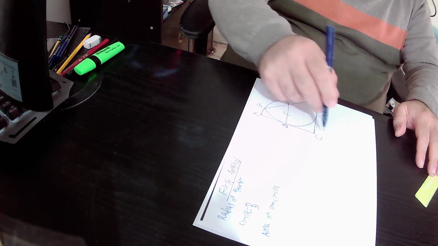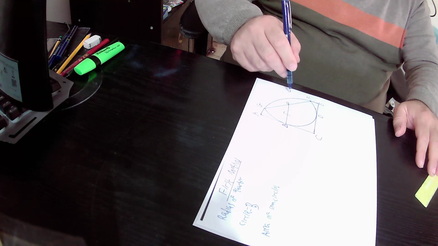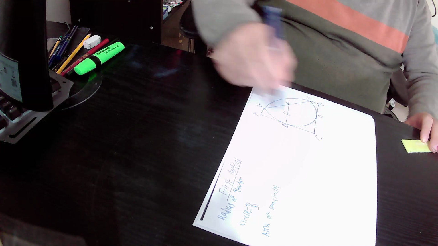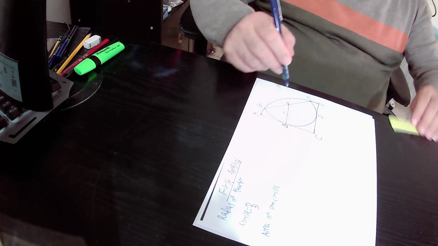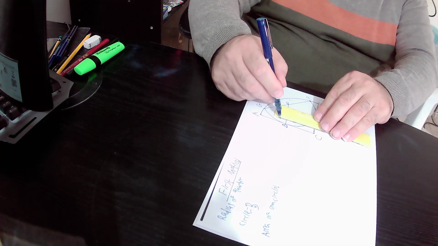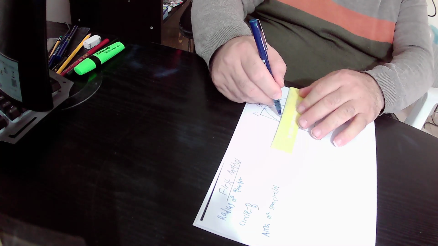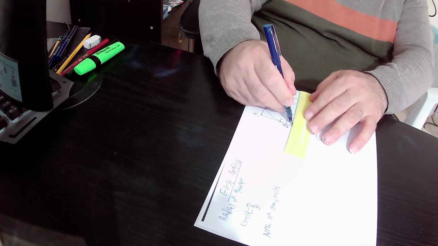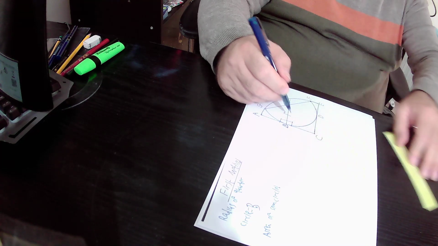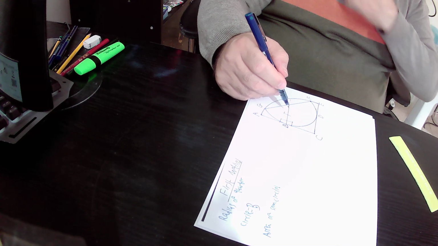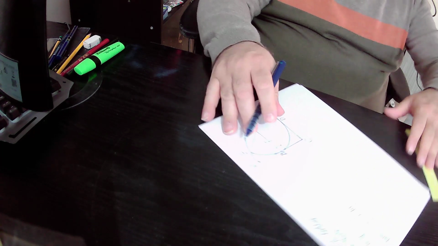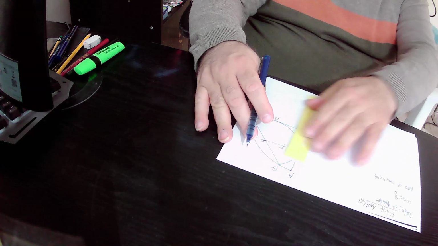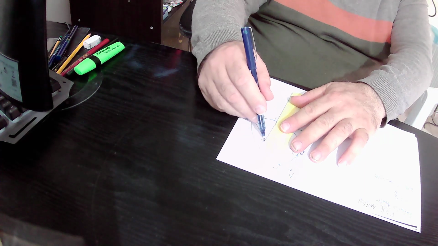Here, tangent AB will be perpendicular to the radius BO. So AB is perpendicular to BO, that is to say this angle equals 90 degrees, and this angle will be equal to 90 degrees according to rule number 1. Likewise, we join points O and D together by a straight line.